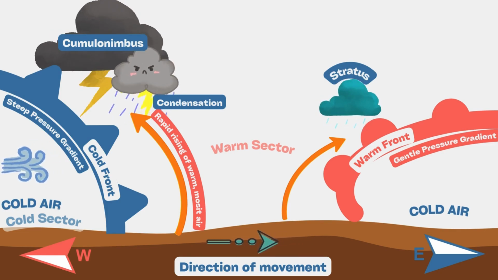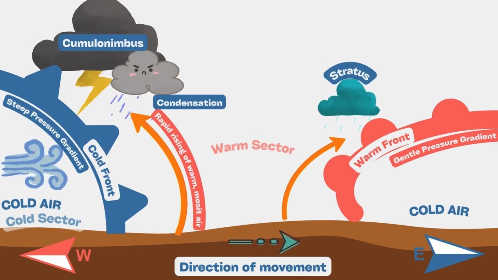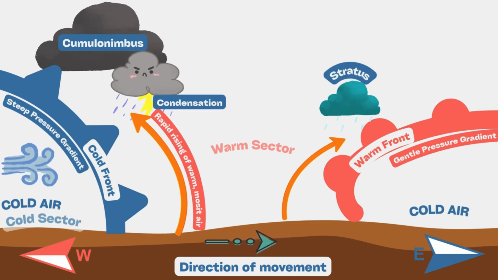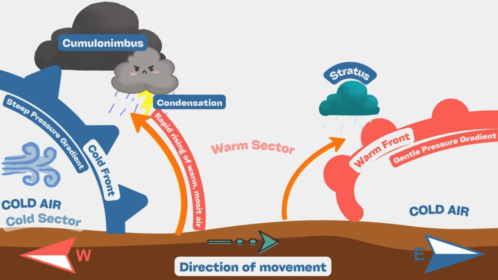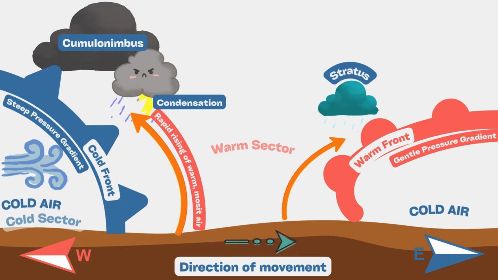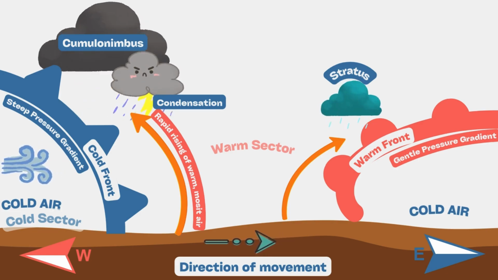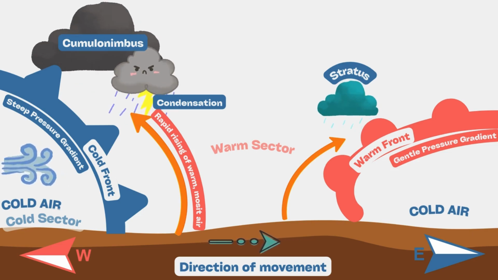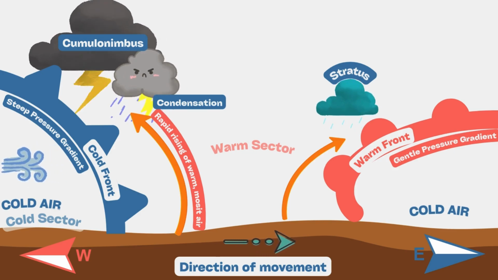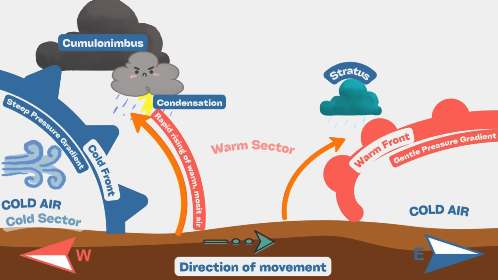In the cold sector, there are cool, dry, and stable weather conditions with clear skies. On the warm front, there is prolonged light to moderate precipitation with gradual temperature rise, and not forgetting the wind shift. In the warm sector, there is mild, humid, and unstable conditions with overcast skies and occasional light rain.